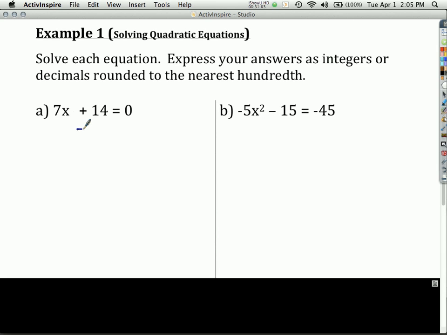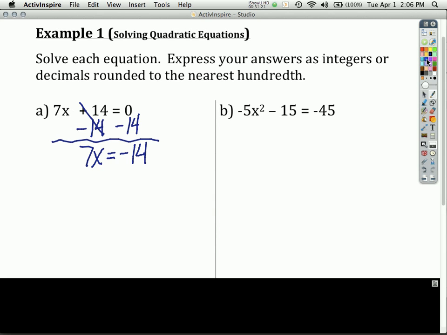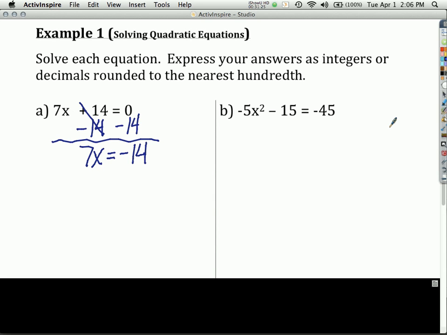Good. Subtract 14 from both sides. This cancels out, and we're left with 7x equals negative 14. What's the next step that you would take? What's the next step? Stephanie? Divide both sides by 7.